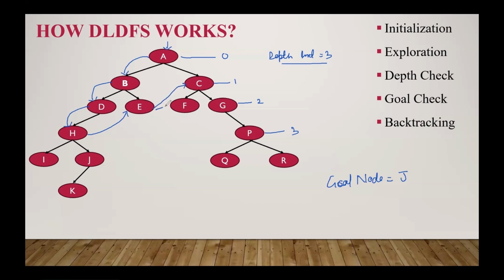Then after C, it will go to this node, then this node, then this node. After reaching P, the depth limit is reached. So after that, it will not go to the next. Here it will stop.